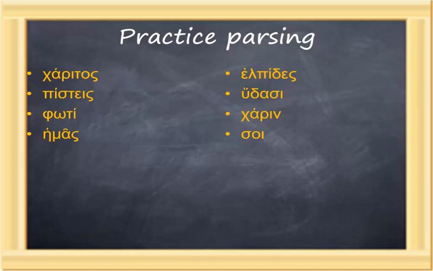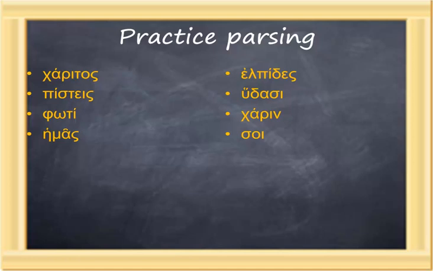Hemas is the accusative plural of the first person pronoun. It has the alpha sigma ending of the third declension. In the second column, elpides is quite easy to recognize. Epsilon sigma, that would be the nominative plural, and the root form is feminine. Hudasi also by now should be easy to recognize, the sigma iota being dative plural.